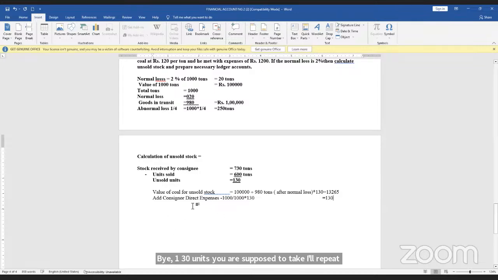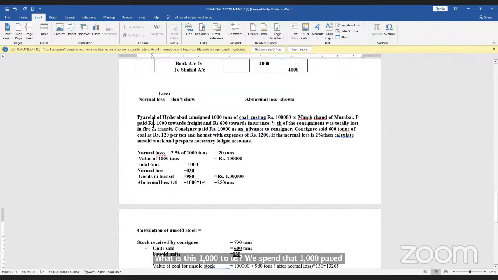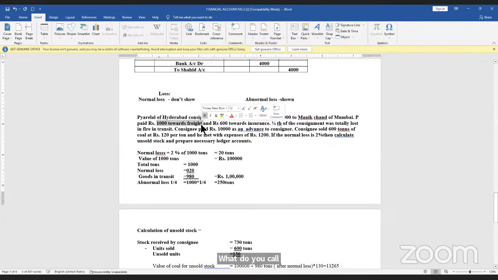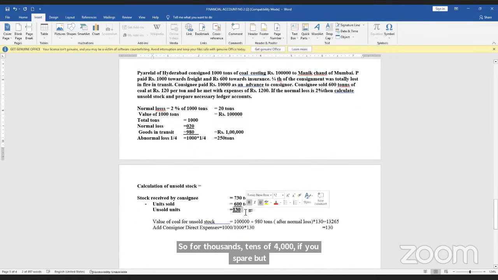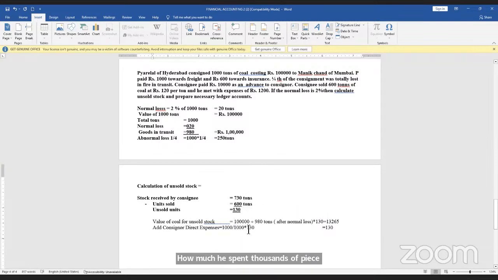I'll repeat once again. The consignor spent direct expenses of 1,000 rupees on freight for sending 1,000 tons of coal. So for 130 tons of unsold units, how much did he spend? 1,000 rupees divided by 1,000 tons, and whatever you get is multiplied with the unsold units.